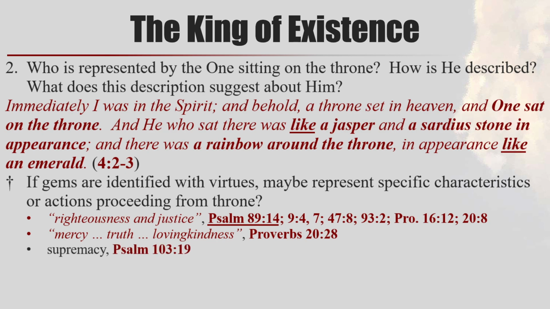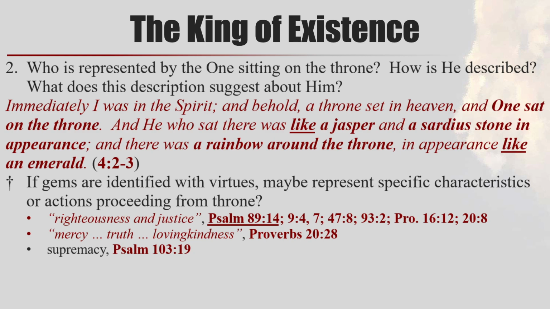So several Psalms talk about righteousness and justice proceeding from God's throne. So maybe righteousness is the white stone for purity, and justice is the red stone for judgment, for maybe some kind of wrath. We are going to read about fire proceeding from the throne later. So that could be the idea.